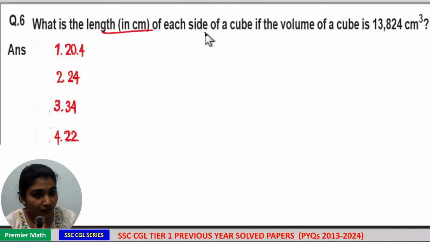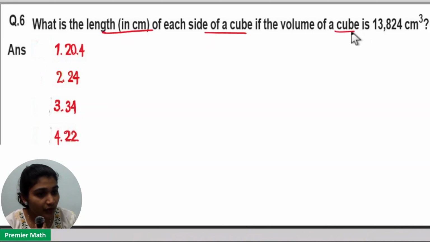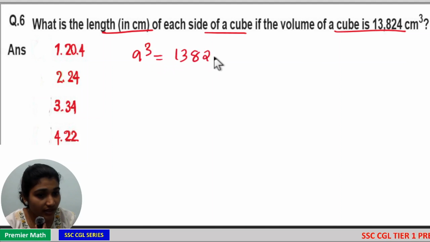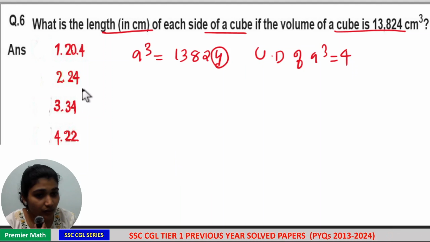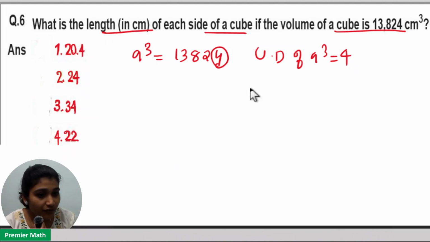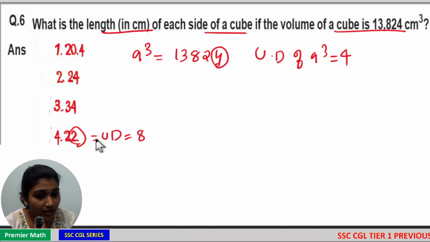What is the length of each side of a cube if the volume of the cube is 13,824 centimeter cube? Here a cube is the volume, which is 13,824. Then the unit digit of a cube is equal to 4. Now do option verification. Here a is given in the options. So check for the unit digit of a cube. Here 22 cube means 2 cube, 8 is the unit digit.